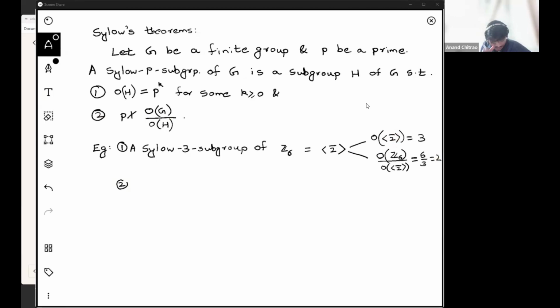Second example. A Sylow P subgroup of S_P, the symmetric group on P symbols.